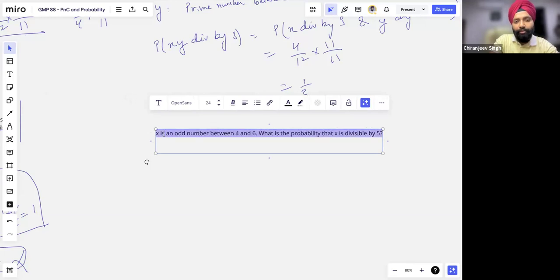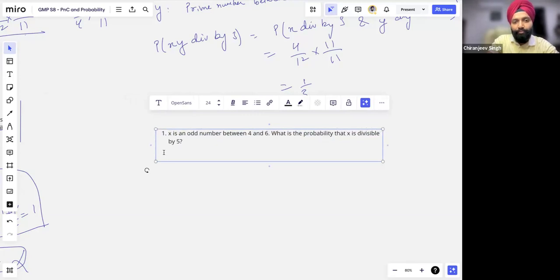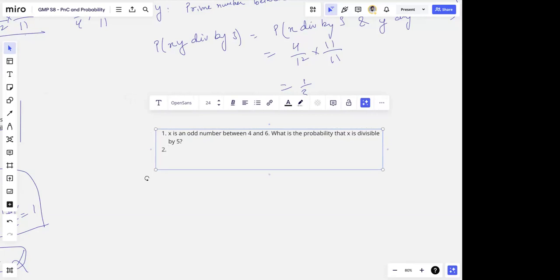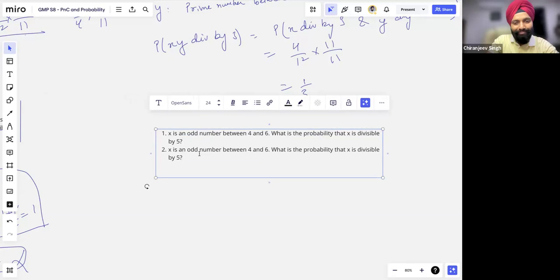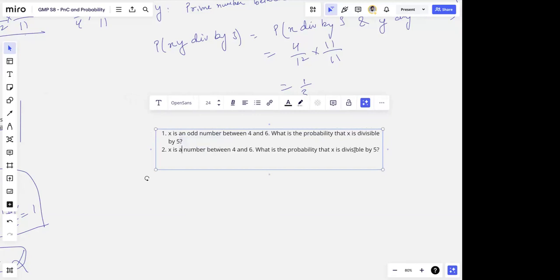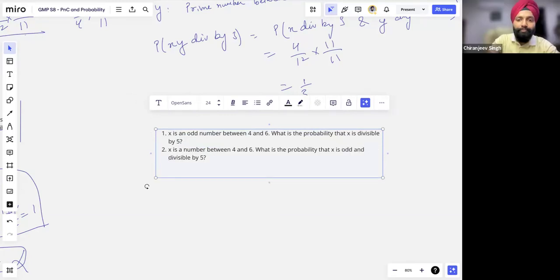What is the answer to this question? Shivangi, yes, sir. What is the answer to this question? X is an odd, sorry? There's only 5, and it's divisible by 5. 1. Yeah.